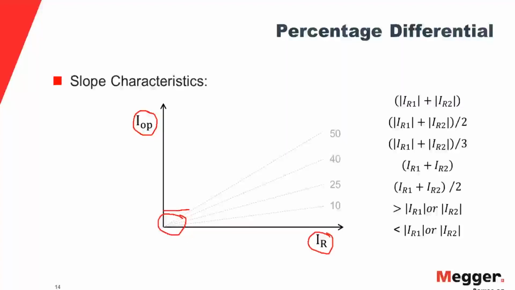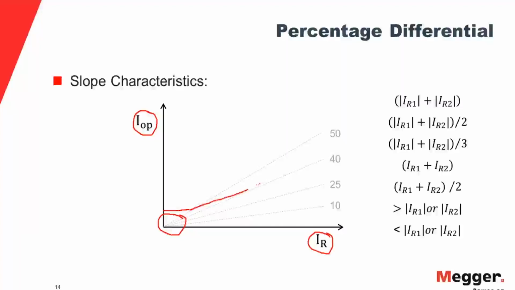So you need to have more IOP, even though you have IR, restraint current, which is less. Now, this might be a regular operating condition, so you can have your 25% or 40% or 50%. Well, typically anywhere between 10 to 25%. Okay? So you can have about 20%, let's say.